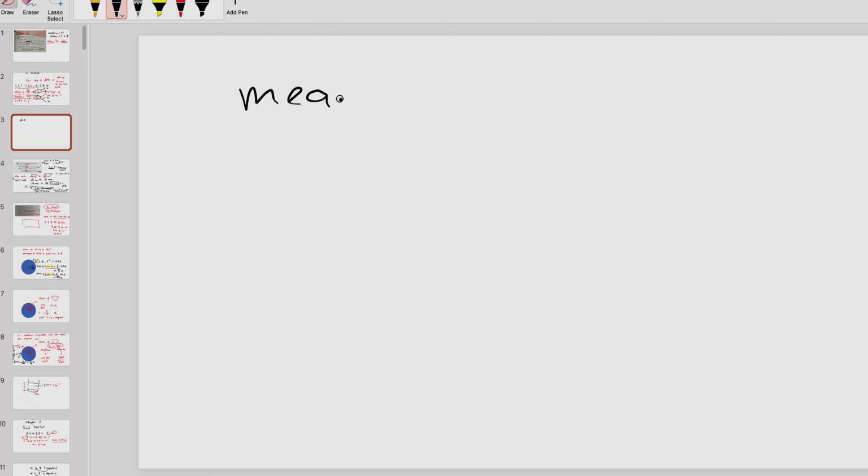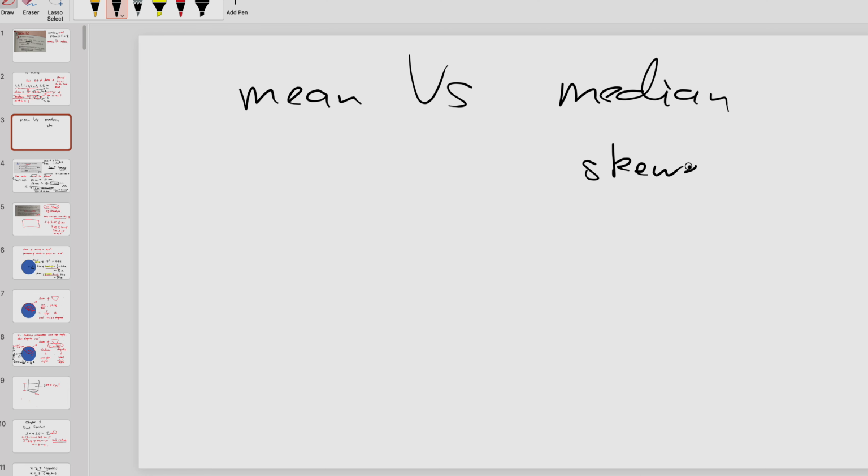Or rather, I can actually sum it up for you. When you have a skewed or biased set of data, median is a better average gauge. When you have a not skewed, not biased, meaning uniform, distribution, the mean is actually okay.